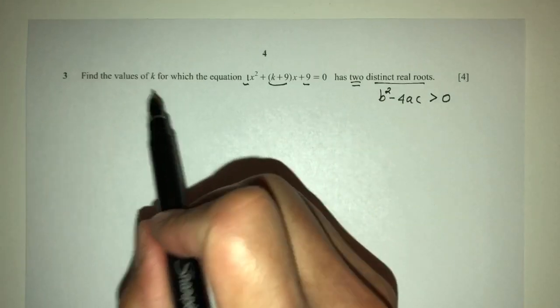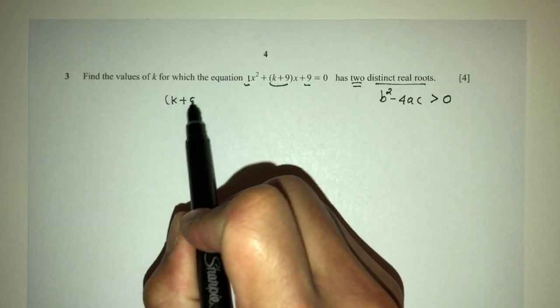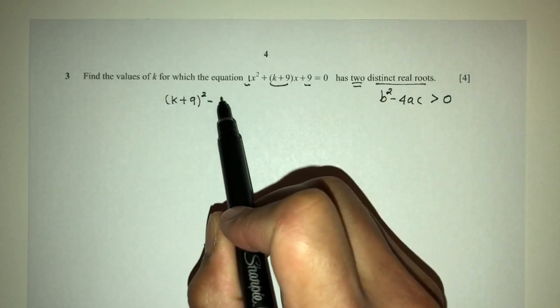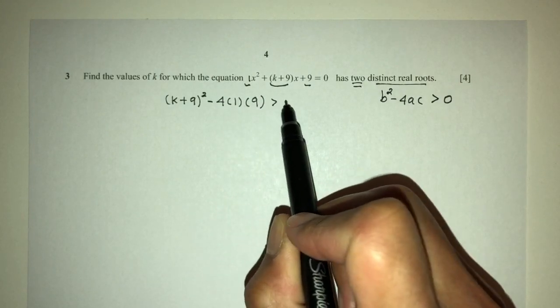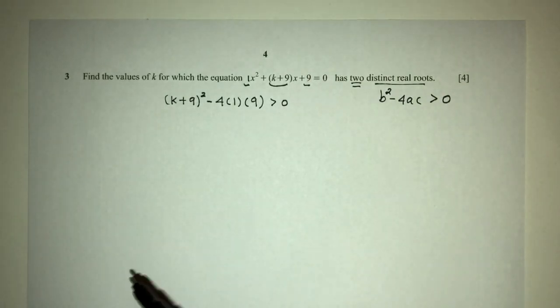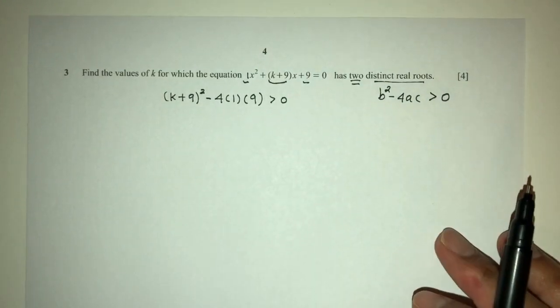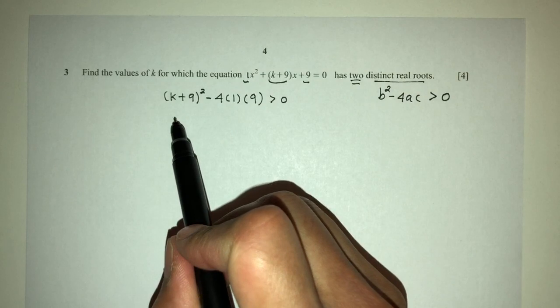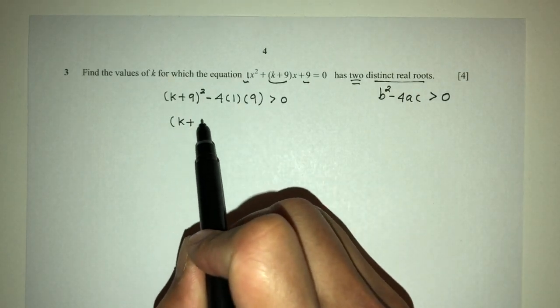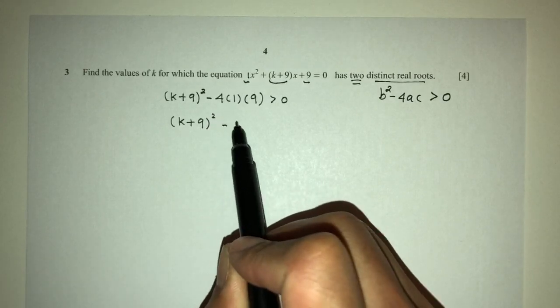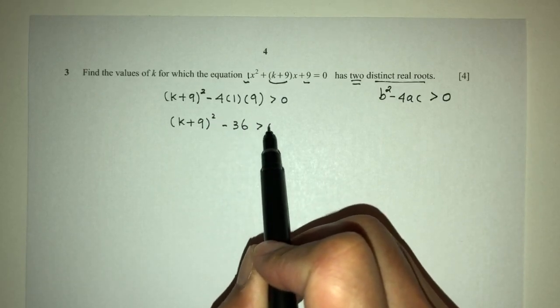So b squared will be k plus 9 squared minus 4 times a times c has to be more than 0. Now we have to simplify, expand to see what happens. So we can use this trick. Look at this: k plus 9 squared minus 36 more than 0.